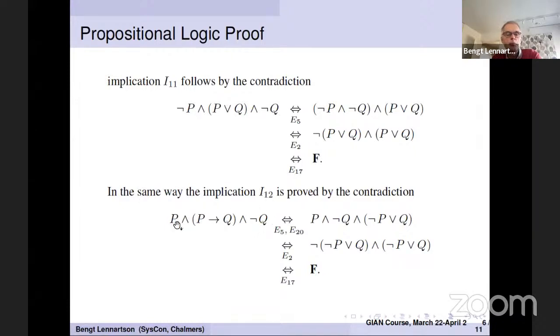That means that I want to show that P and P conditional Q implies Q. I formulate that instead as a contradiction, and I take P and not Q instead. Then I should show that that generates a contradiction. It's quite simple.